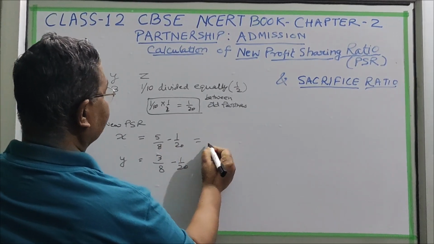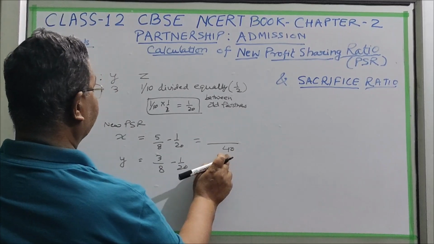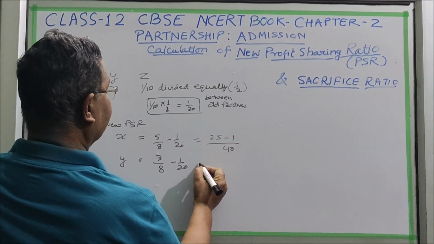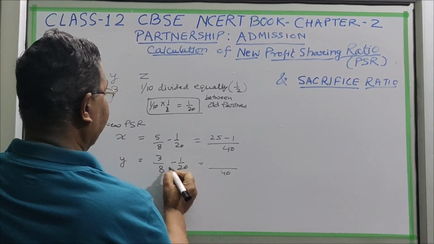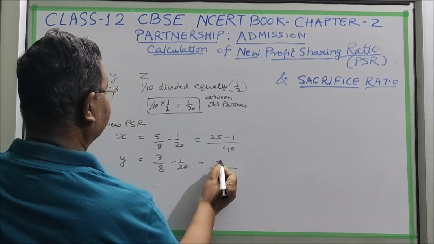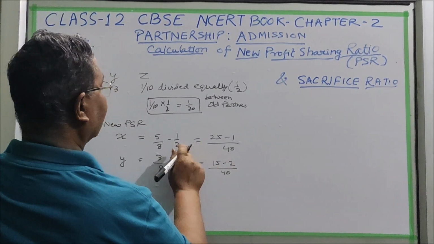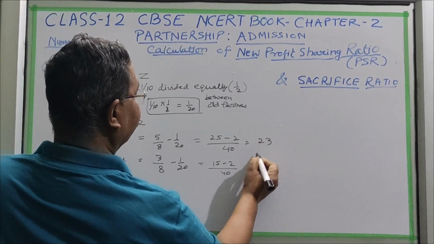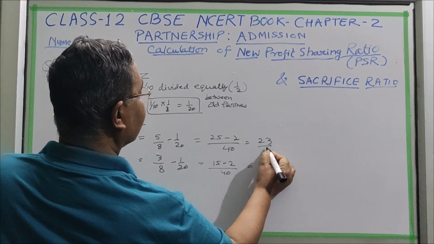So here you have to take the LCM, which will be 40. 8 5s are 40 and 5 5s are 25, minus 1 is equal to 24 over 40 for X, and here 8 5s are 40, 5 3s are 15, minus 2 is 13 upon 40.